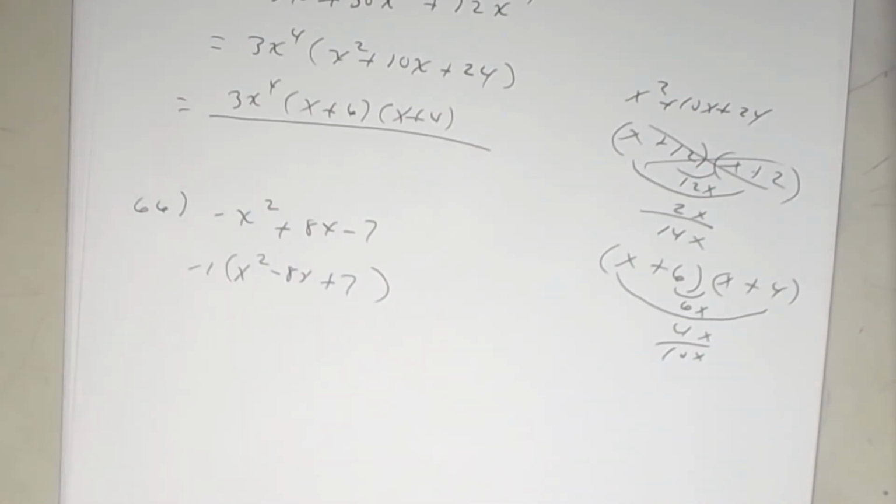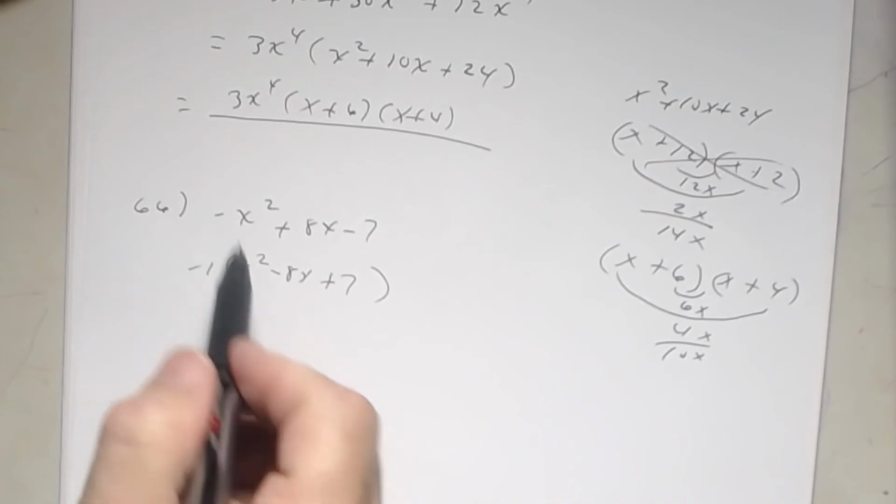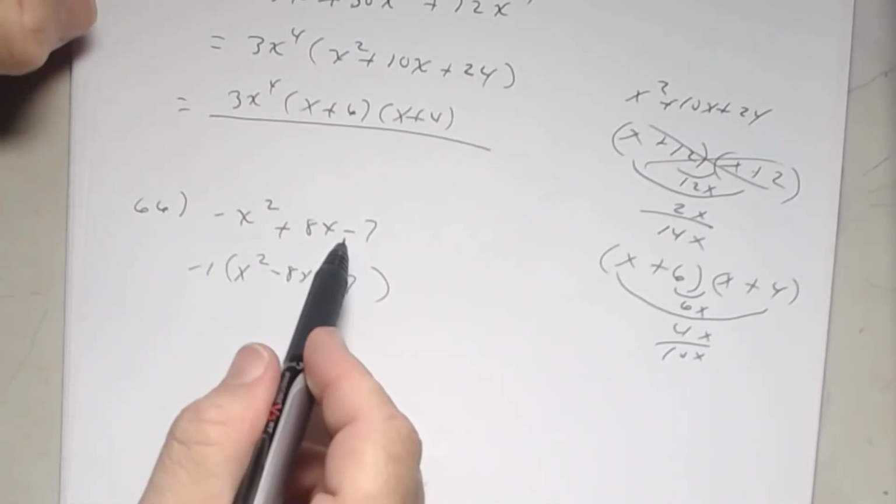Plus 7. Good Lord, it took y'all forever to do that. I need to bring a multiplication table in here. 1 times 8 is 8. 1 times 9 is 9. But what you're doing is, a negative times a positive is a negative, and a negative times a negative is a positive.